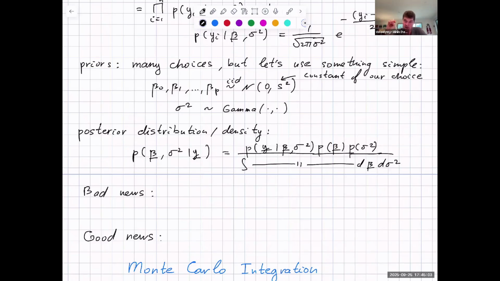A proper prior would be the actual density that normalizes to 1. If you put the uniform distribution over the whole real line, the area under the curve is infinity. So it's not a distribution. Technically speaking, it's not allowed. You have to have something which properly integrates to 1. But you're right that people do that sometimes.